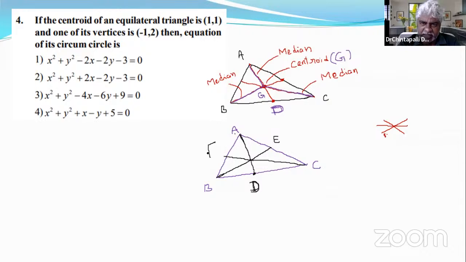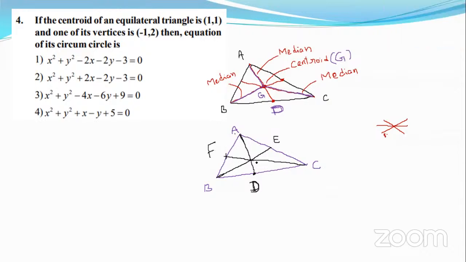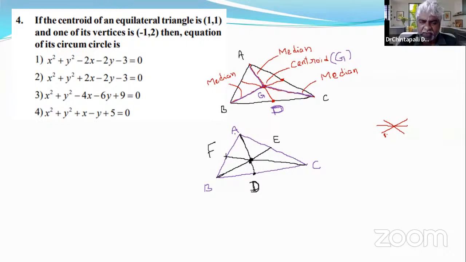CF is the angle bisector of C, right? This is the point of concurrency of the three angle bisectors. S is used to denote that point. This is S, right?